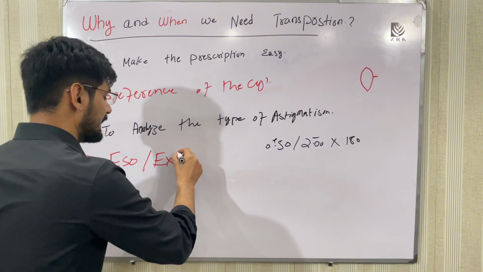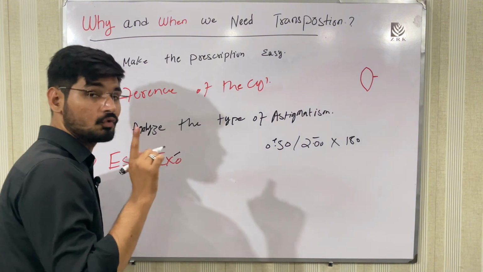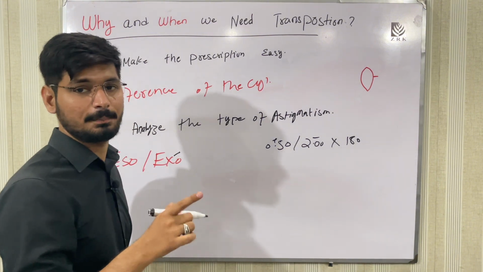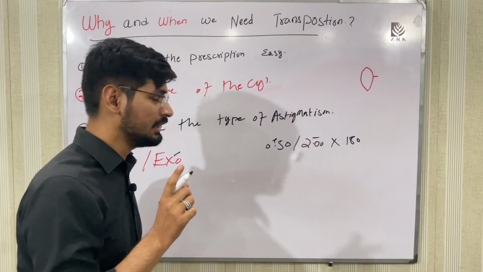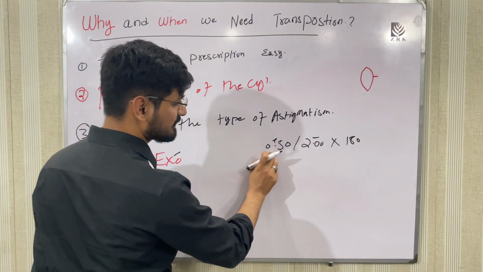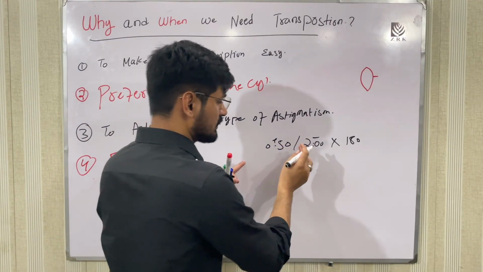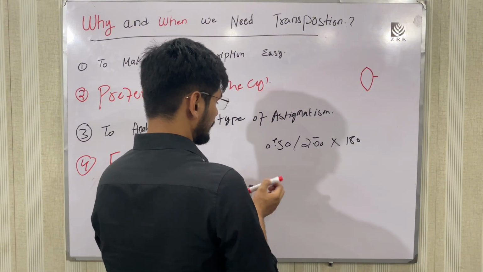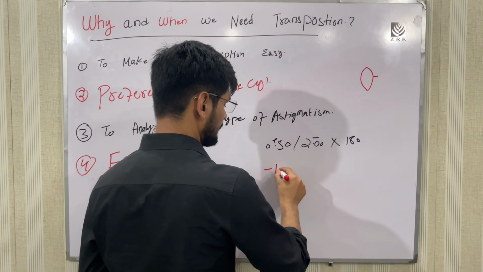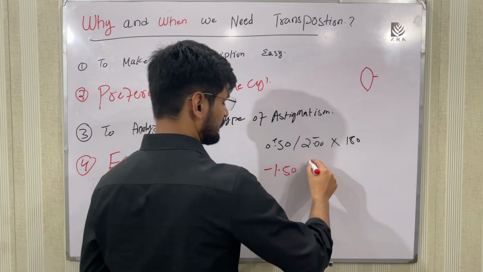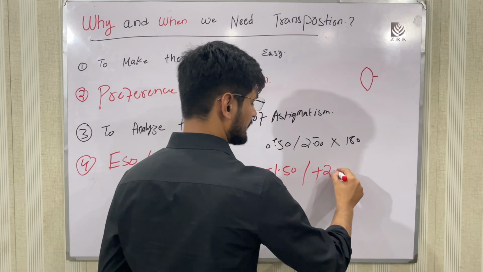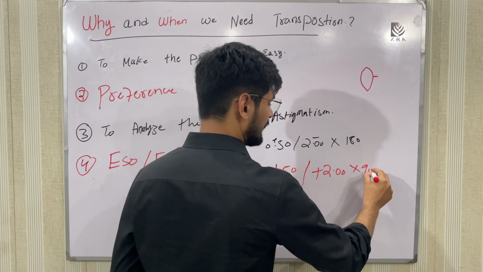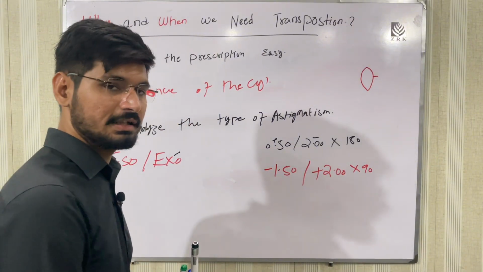So if we have exo, then we will prefer minus sphere. Here we have plus sphere. So after transposing this prescription, it will come into minus 1.5 sphere with plus 2 cylinder at the axis of 90 degree.